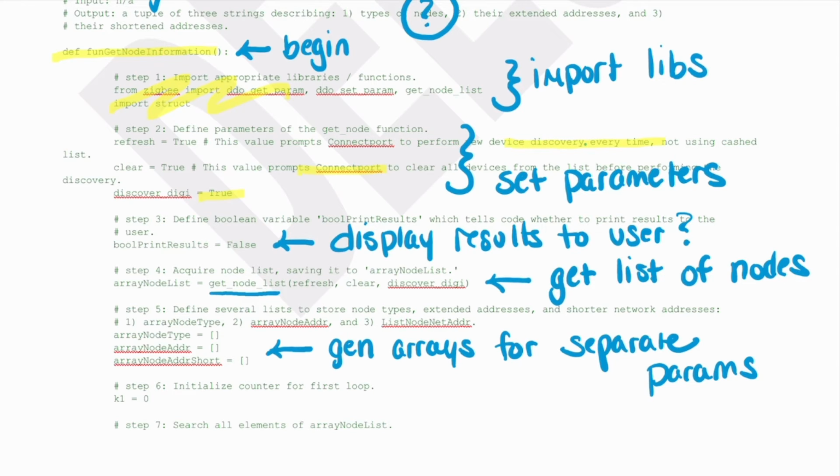It essentially just tells the export. We're going to use it later in a function call to actually perform the discovery. Okay, this bool print results Boolean variable just allows us to turn on and off displaying results to the user, which I used in debugging a little bit.